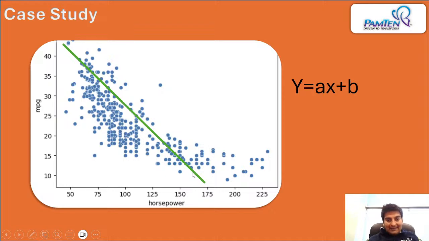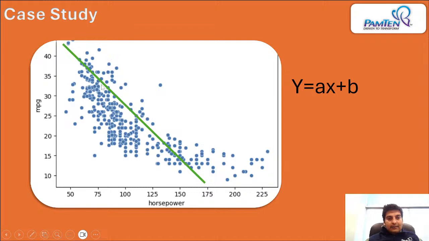If I drop a vertical line onto the x-axis, the horsepower would be somewhere around, let's say, 162. And if I drop a horizontal line onto the y-axis, then the mileage will be around 12.